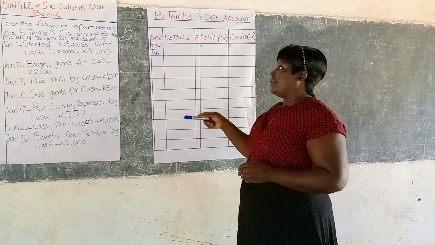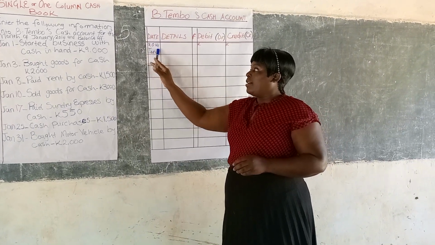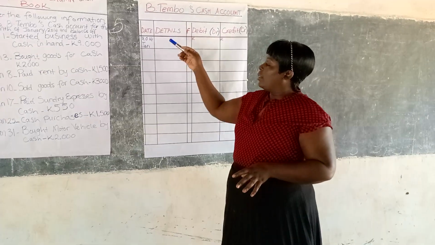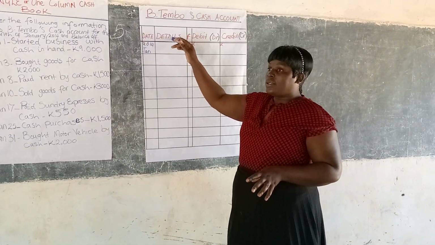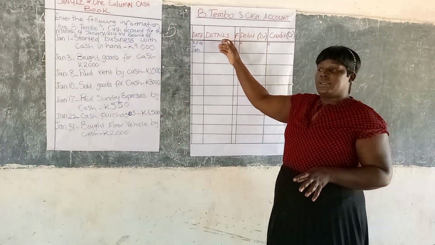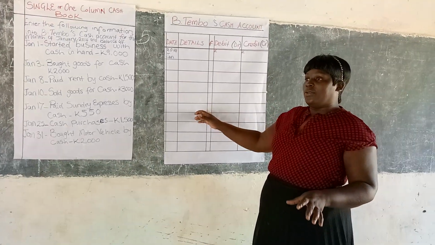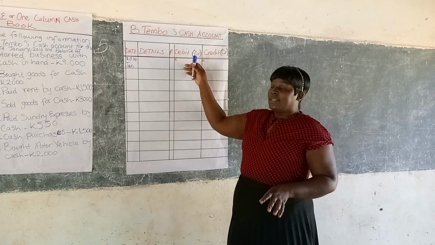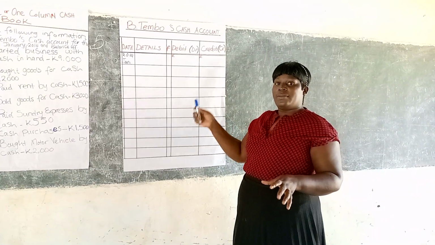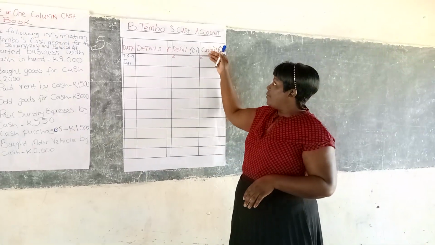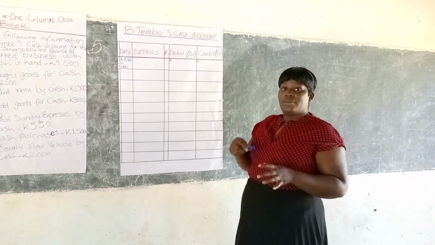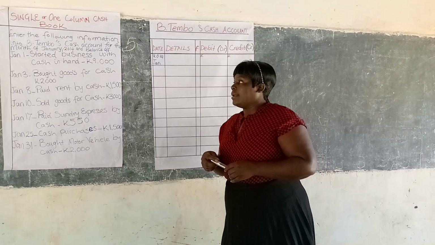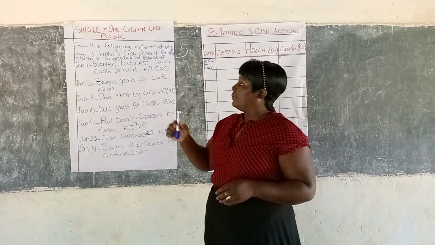The first column is for the dates on which the transactions happened. Then the second column is for the details of the transaction. So we have the folio, and the debit side where we record whatever the business has received, and the credit side where we record whatever the business has spent or given out. Okay. So we are going to begin.